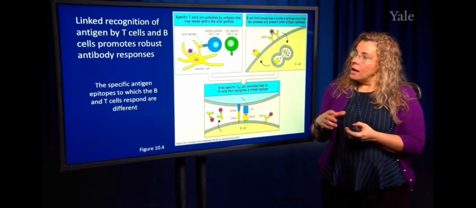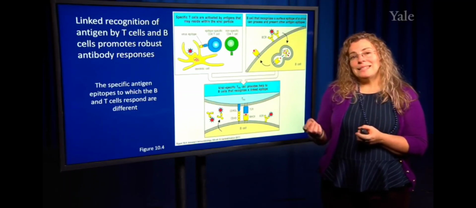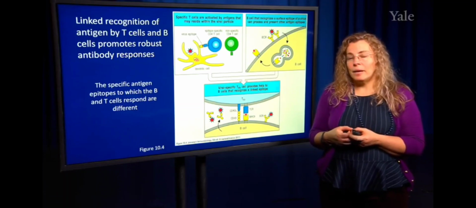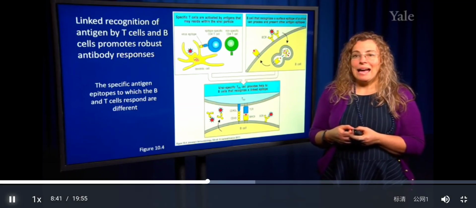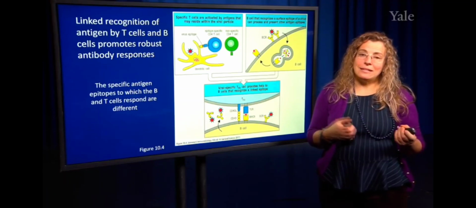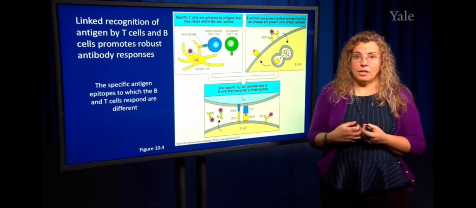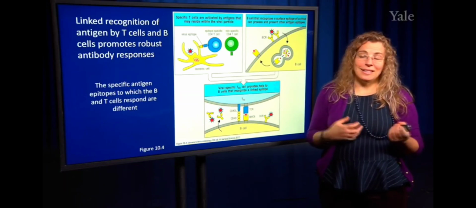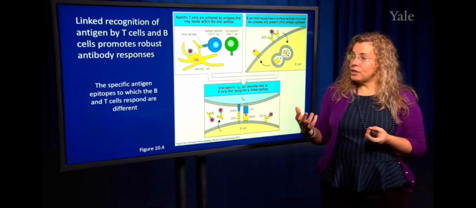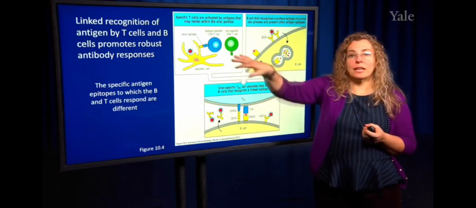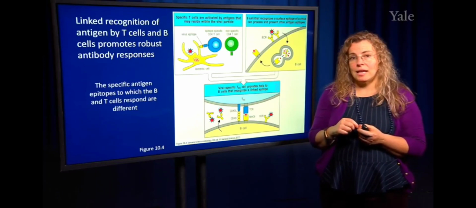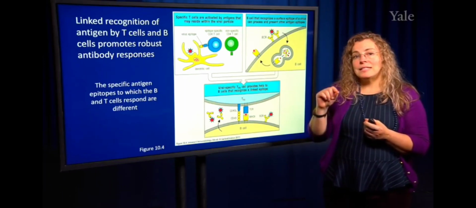A key point to keep in mind through this lecture of T-dependent antibody production is how there's linked recognition by both the T cell and the B cell for antigen. But remember, T cells and B cells see antigen very differently. T cells only see antigen presented on MHC molecules, so they see small peptides. B cells see antigen in its native form.